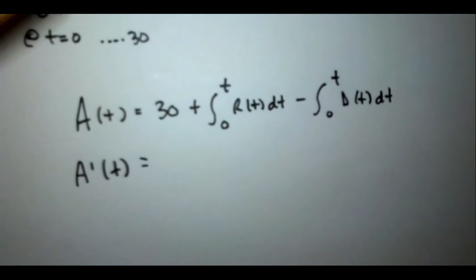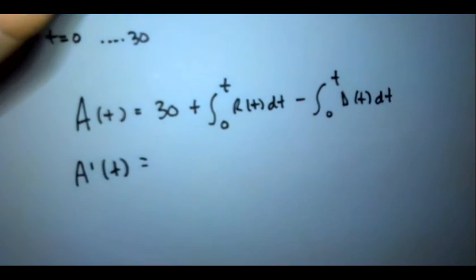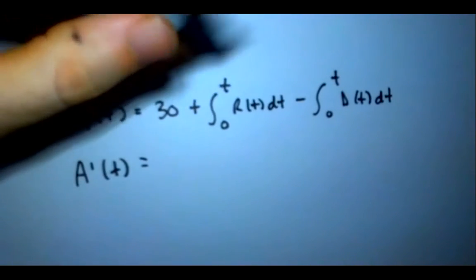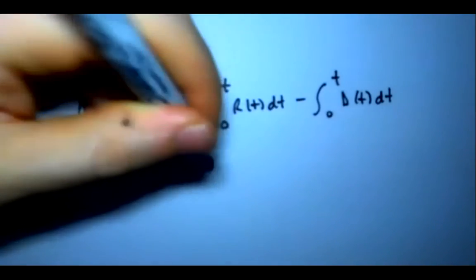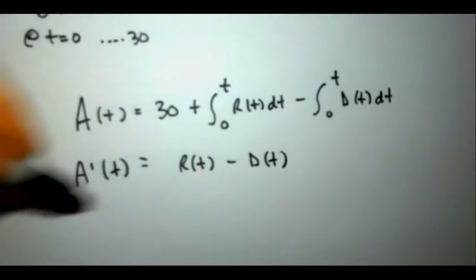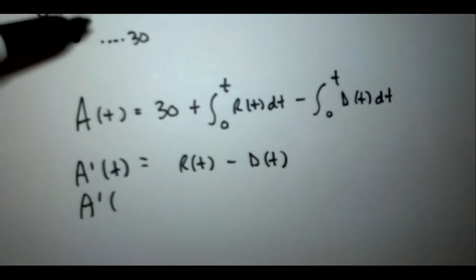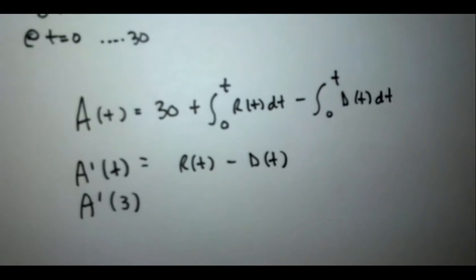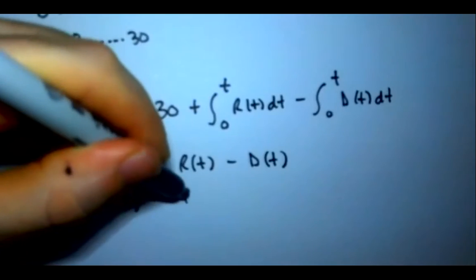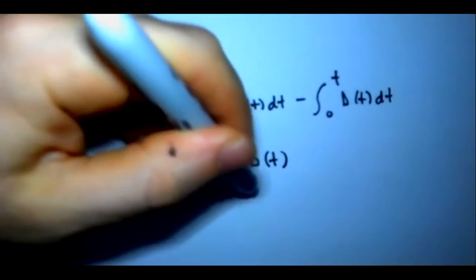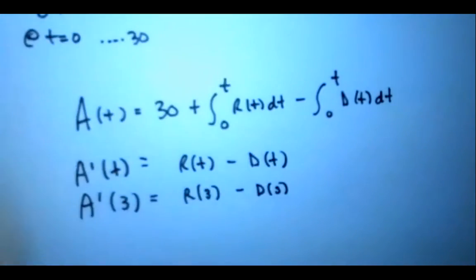It goes away. What happens if I derive an integral? It's just the thing inside. That's the derivative. And look, what time does the question care about? 3. So now you would go into the calculator and figure out R of 3, and you would figure out D of 3. If you get a positive answer, the thing's increasing. If you get a negative answer, the thing is decreasing.